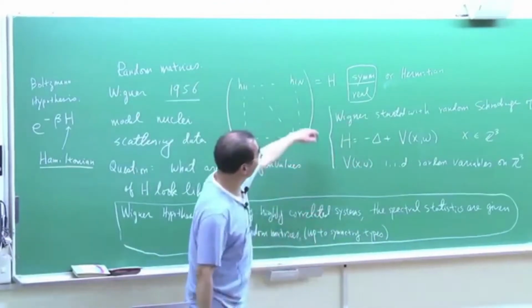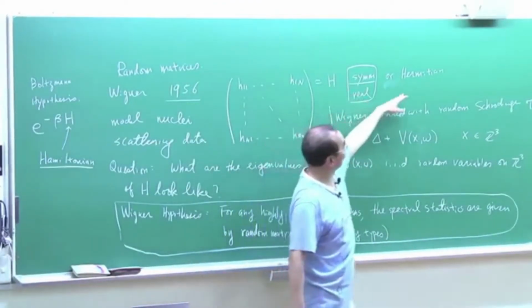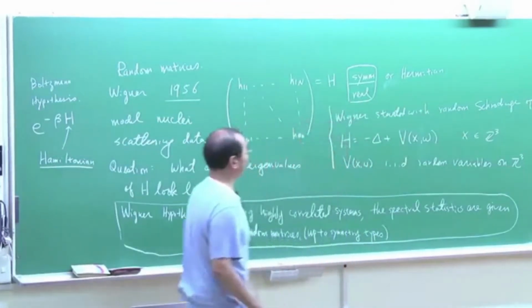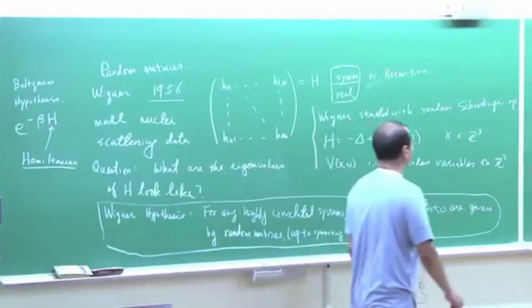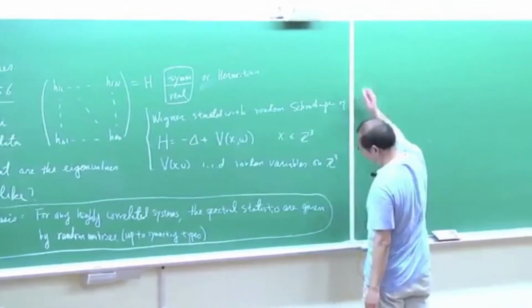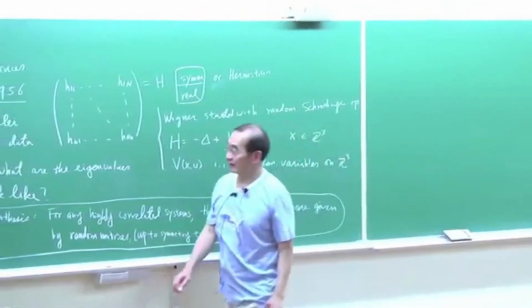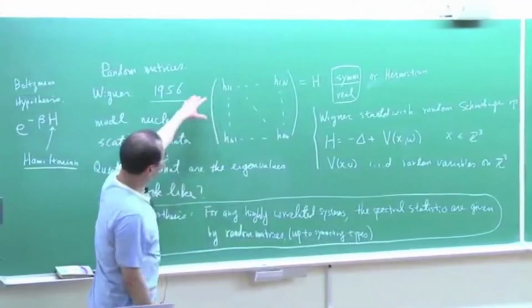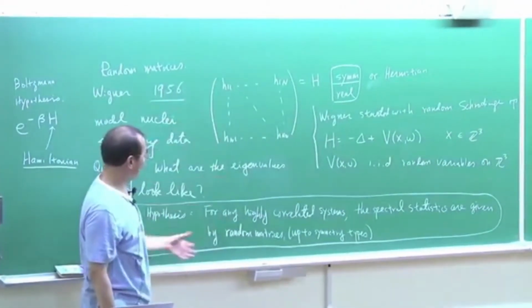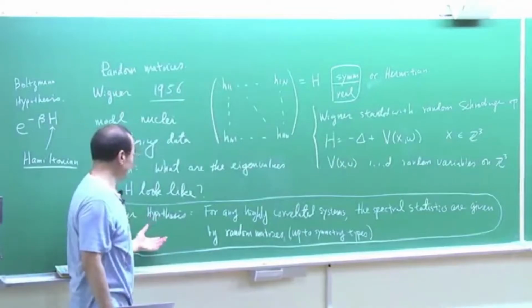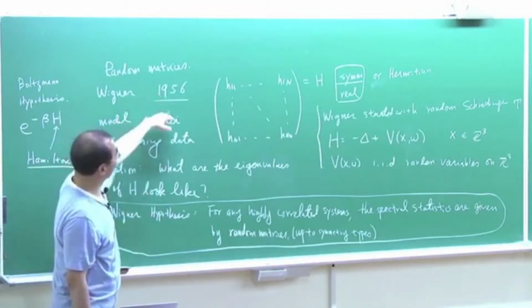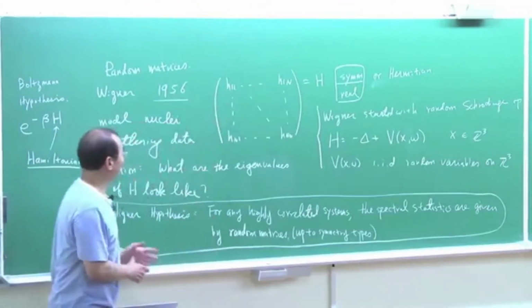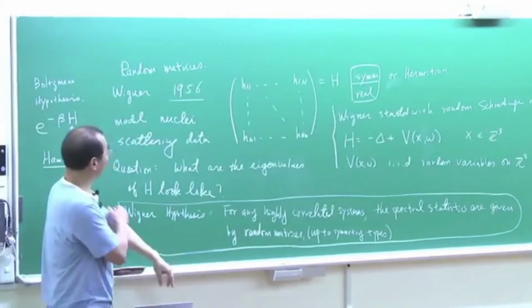Because clearly, when you take real symmetric or Hermitian, they are already different. So the purpose of this lecture is to try to answer this question. Of course, not the original question of Wigner, but something much easier, which we still don't quite completely understand.